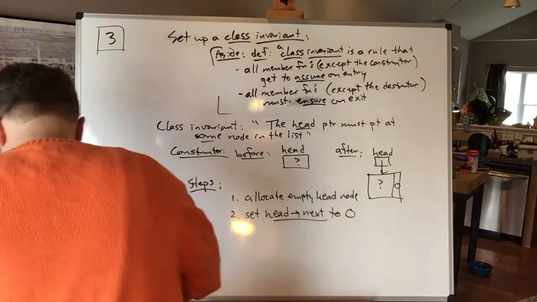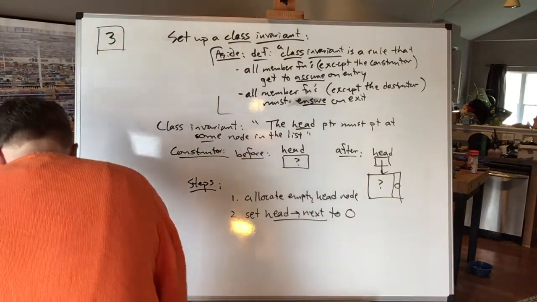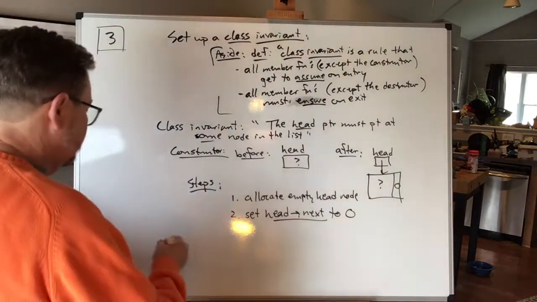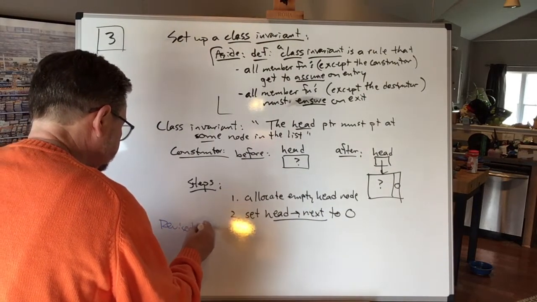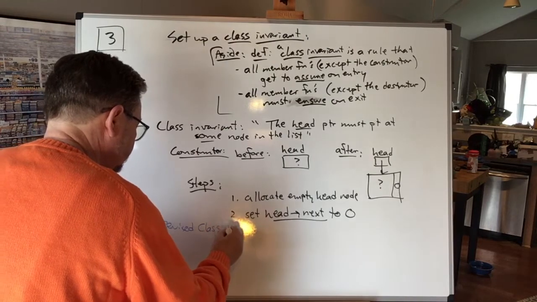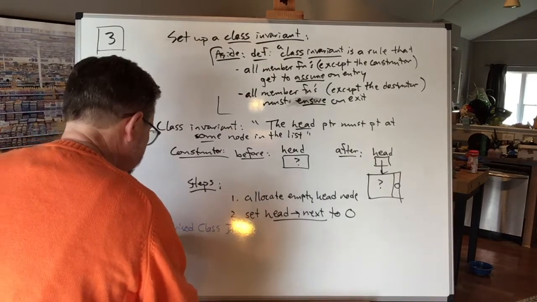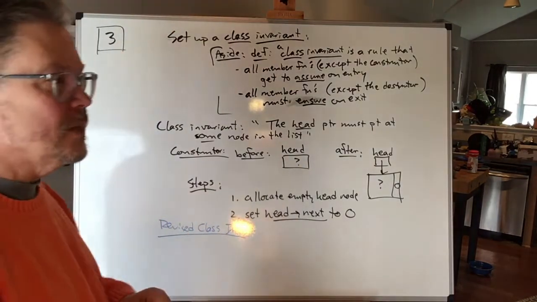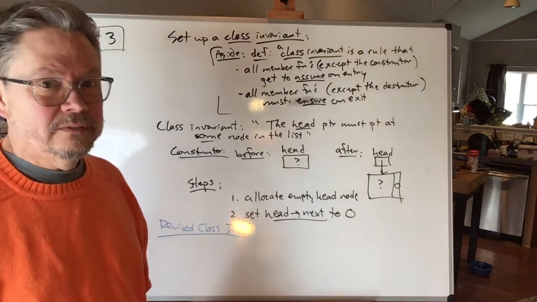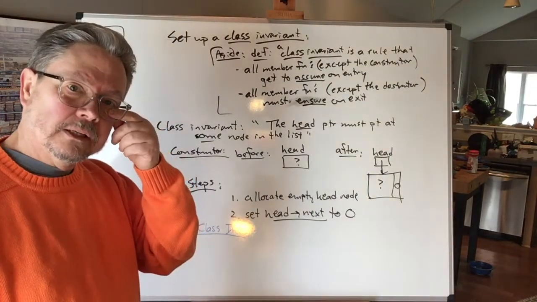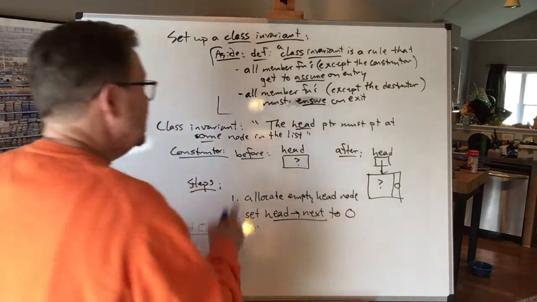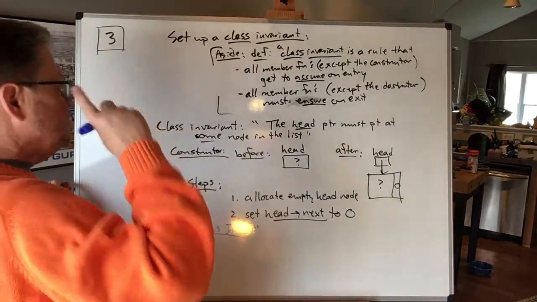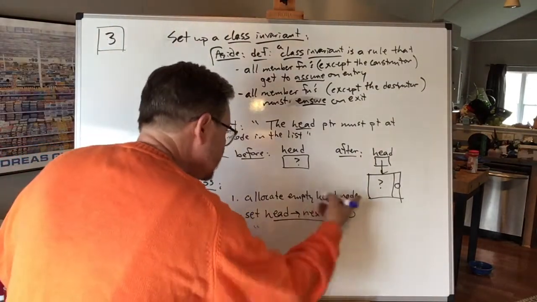So I'm going to call this, with a different color, a revised class invariant. We in the biz might call this a refactored class invariant. We've basically got the same outcome, but we found a better way to state it. The head pointer must always point at the first node in the list, which is the empty head node.